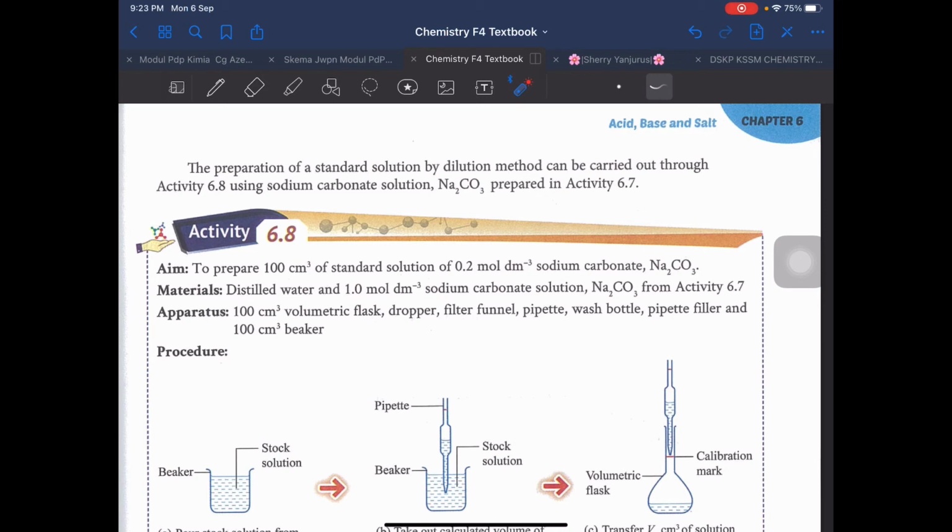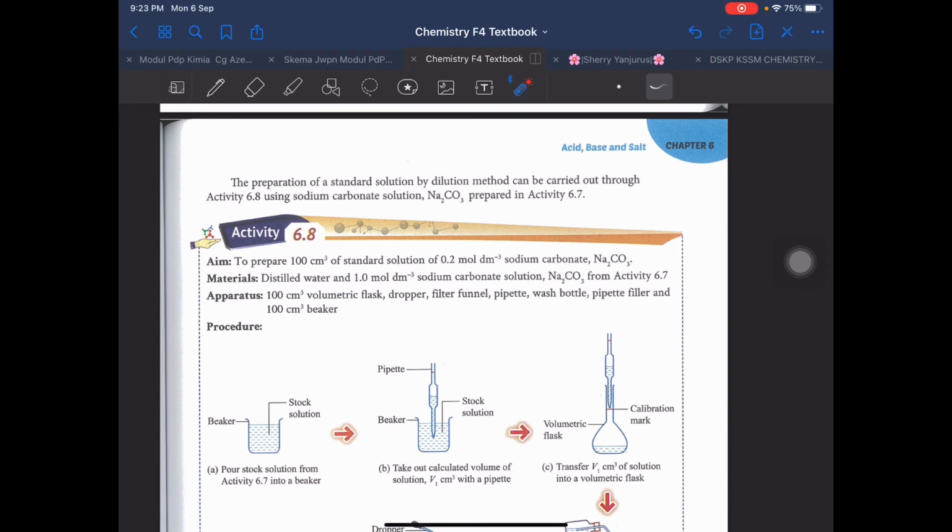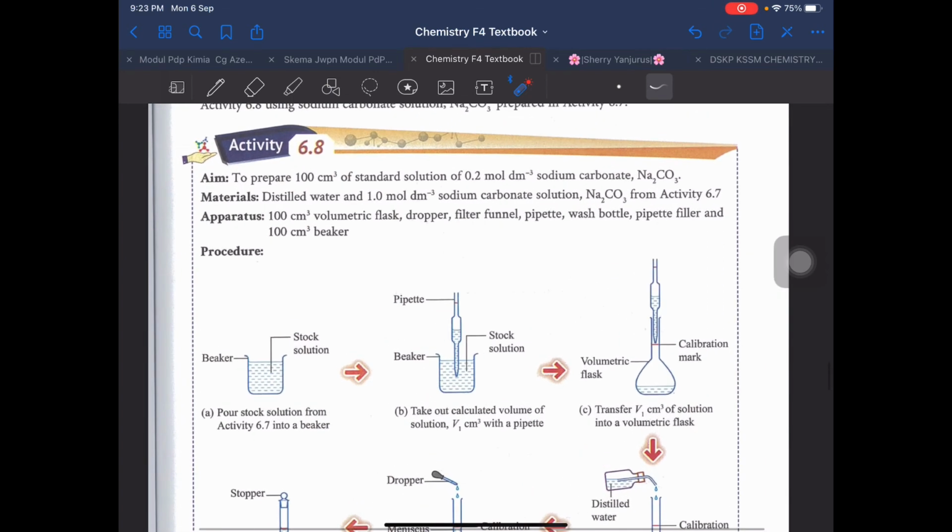That is why dalam 6.7 ada nota jangan buang. Simpan dulu because you need to kasih cair in activity 6.8. So how to dilute it? Let us go through this experiment. The aim is to prepare 100 cubic centimeter of standard solution of 0.2 mol per cubic decimeter sodium carbonate.